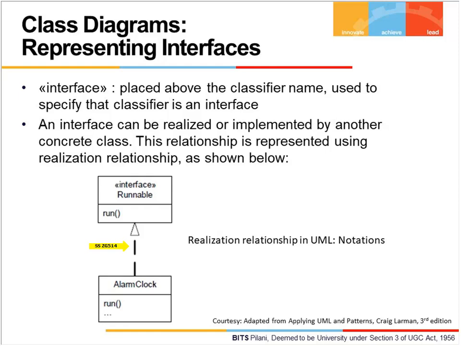I repeat, it's a dashed line with an unfilled arrow. You can see this arrow is different from the arrows that we have used in the previous notations, right? This kind of arrow is used to depict an implementation or realization relationship wherein a class implements an interface.